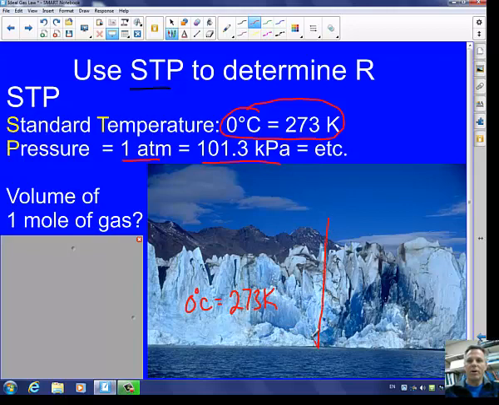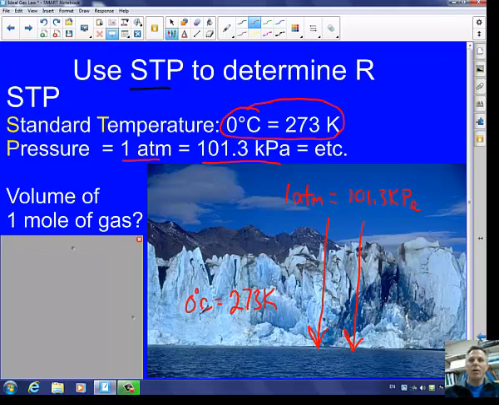At sea level, on a day when it's 0 degrees Celsius out, the standard pressure is 1 atmosphere, or we could say that's 760 millimeters of mercury, or 101.3 kilopascals.